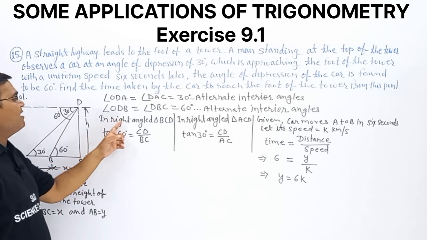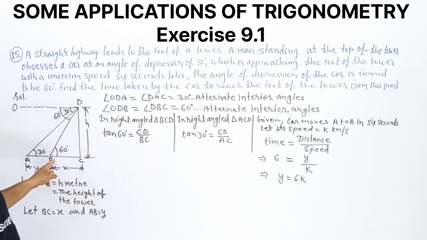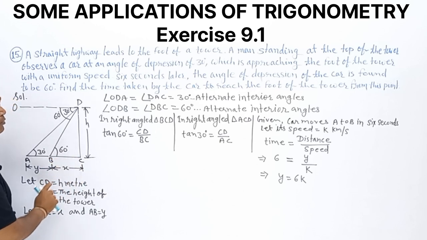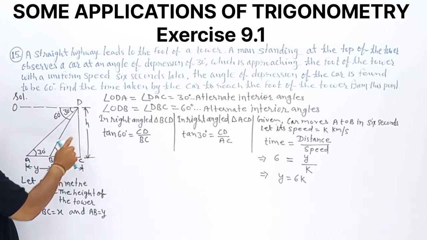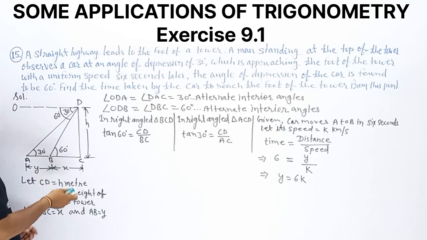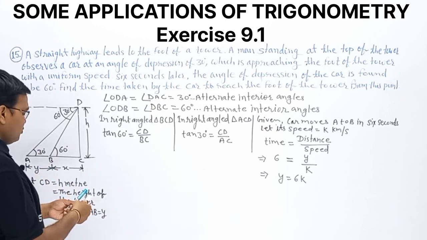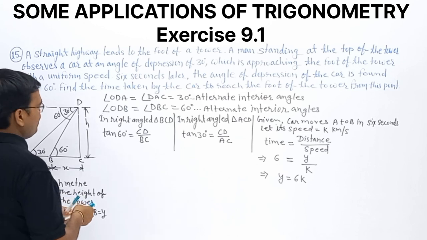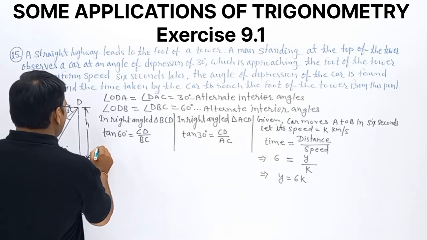First I am using right angle triangle BCD. We are having the acute angle 60 degrees, its opposite side is the perpendicular and its adjacent side is the base. So we will use tan theta, where theta is 60 degrees. Now we put the values.